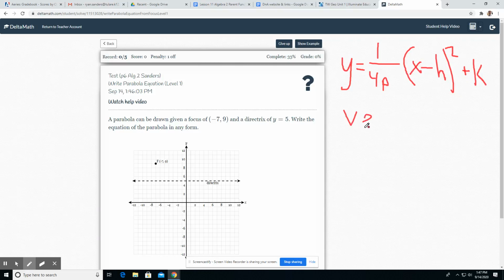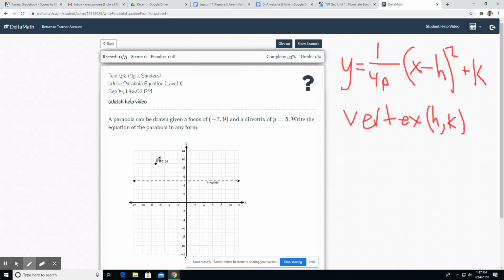So the vertex is (h, k). And p is the distance from our vertex to the directrix, or vertex to the focus. All right. So notice we got the -h right here. That means it's the opposite of whatever this is when we actually plug it in. All right. So let's go ahead and start getting through it.